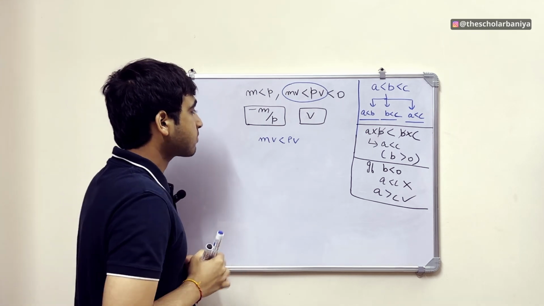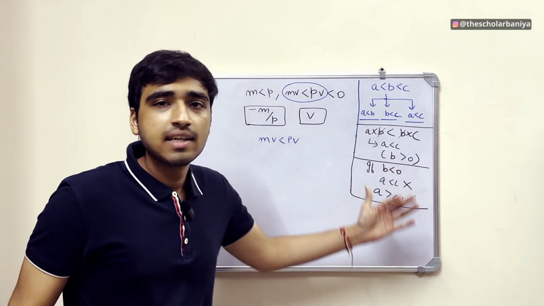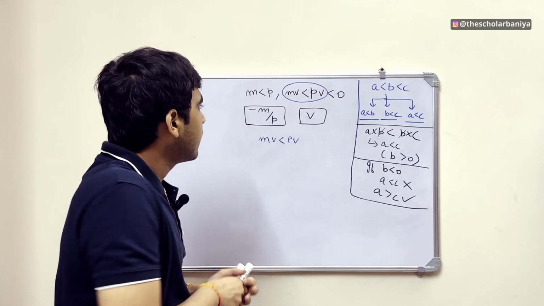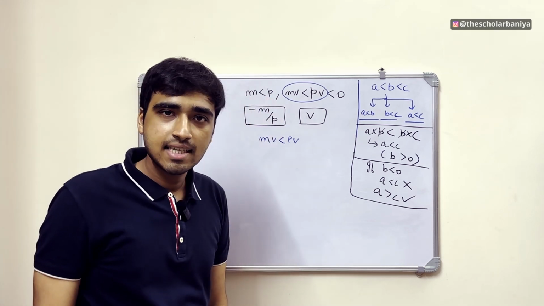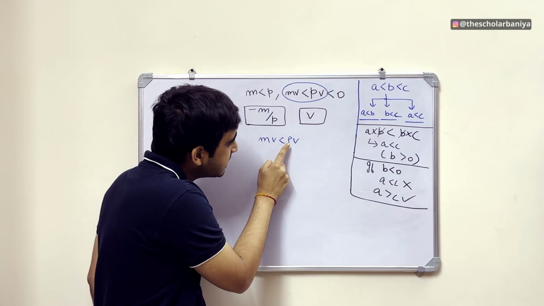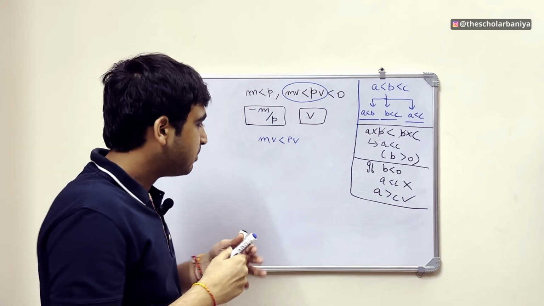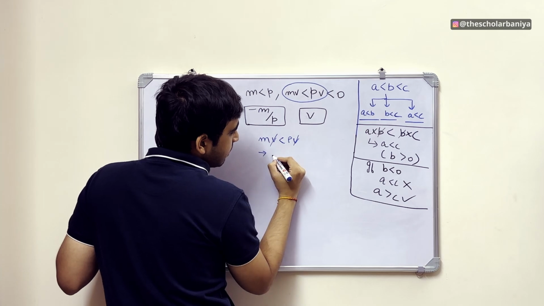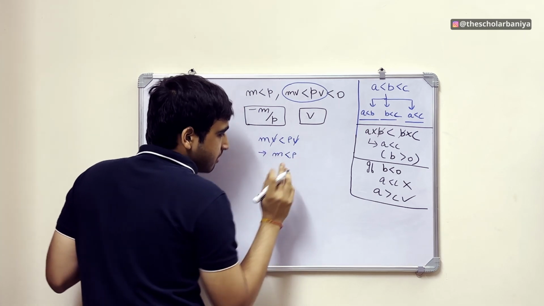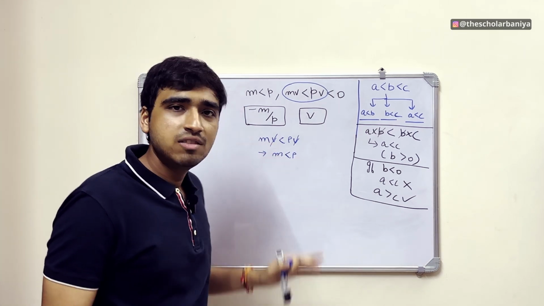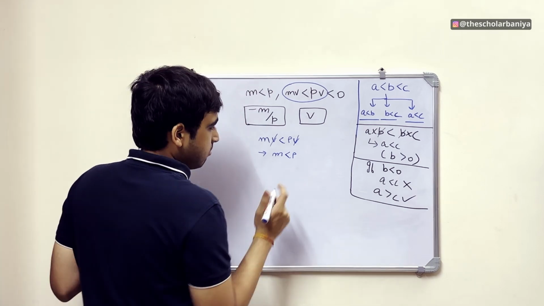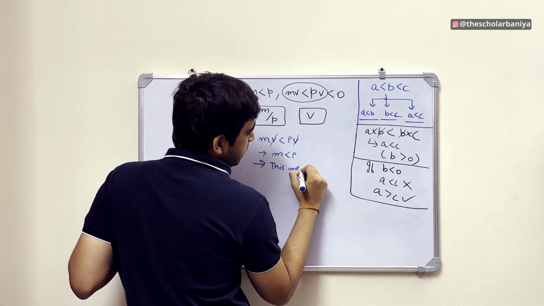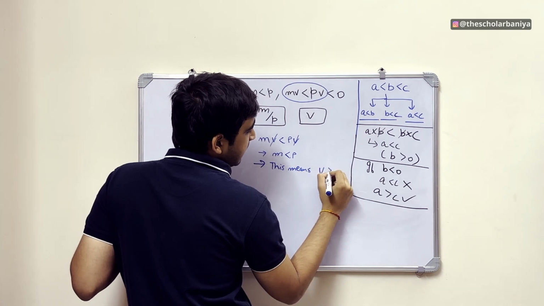So the reason I told you this is because mv is less than pv, and we are also given that m is less than p. That means we can cut v and we get m is less than p. So this means v has to be positive, that is, v is greater than 0.